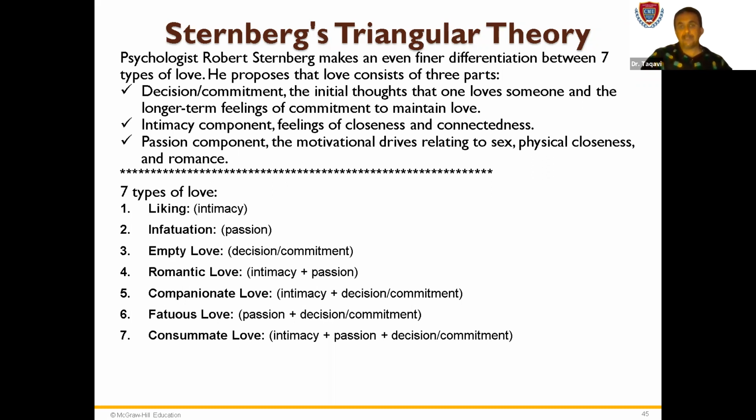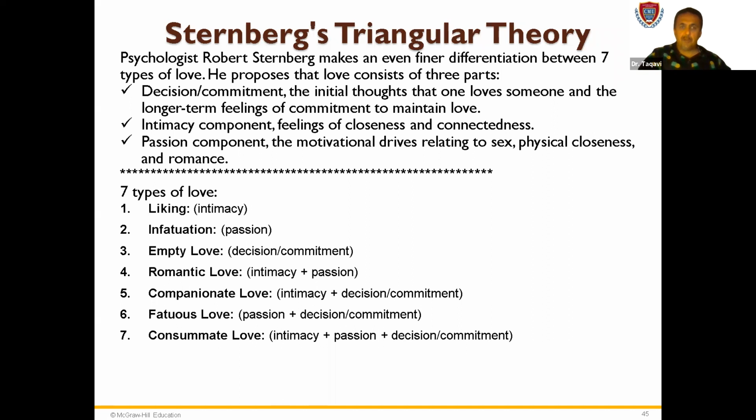And the third part is about physical and sexual attractiveness, the passion component: the motivational drives relating to sex, physical closeness, and romance. Based on these three major components in the triangular theory, we can have 7 types of love.